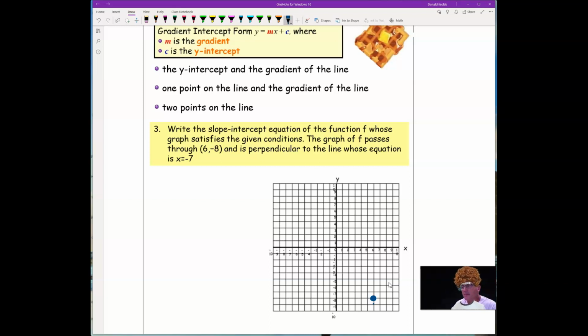All right, so perpendicular to x equals negative 7. Well, x equals negative 7 is a horizontal line. Or, excuse me, I said horizontal and I wrote vertical. I mean, it's a vertical line.